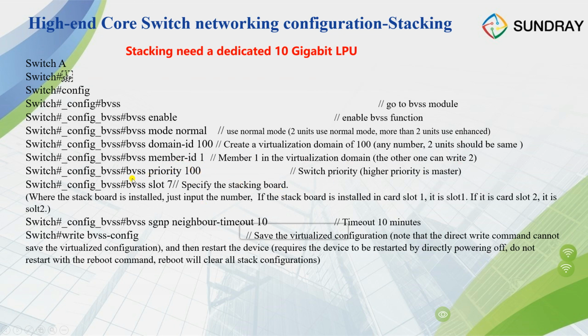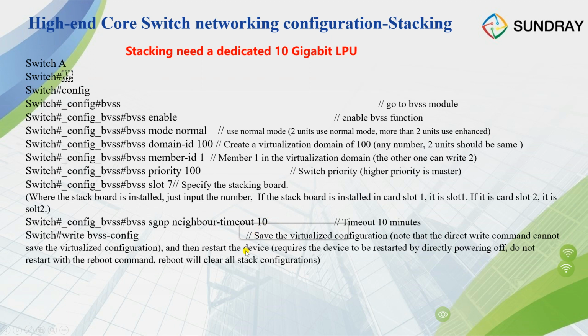Then you configure the BSS slot, because you will insert this stacking LPU into slot 7. So here you choose 7. After you configure this, you also need to configure the negotiation neighbor timeout. Here you configure 10 seconds.